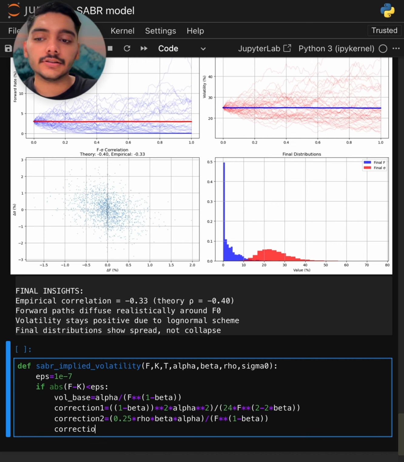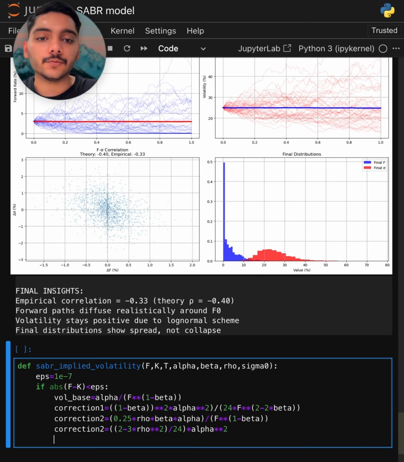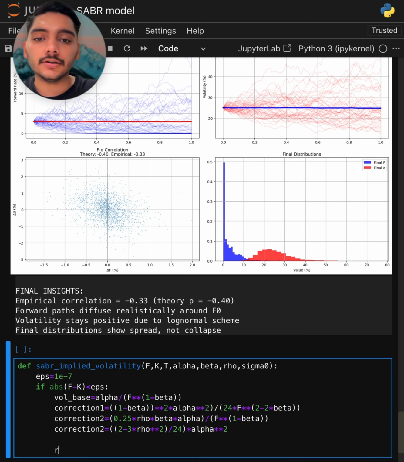And the correction 3 will be (2 minus 3 into rho to the power 2) divided by 24 into alpha to the power 2.